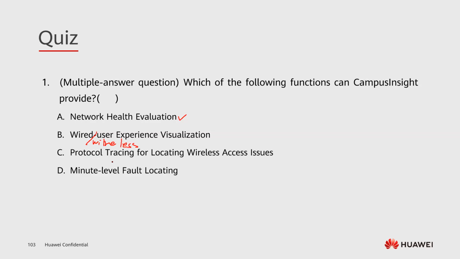And the protocol tracing for locating wireless access issues, yes, and it's also for the wireless users' access. And the minute-level fault locating is right, so the answer is all of them.